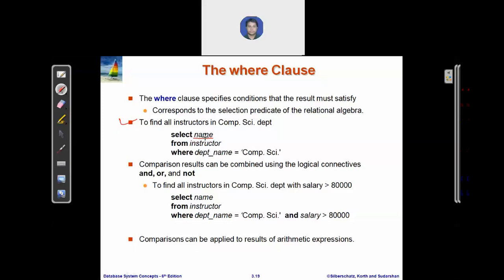Select what attribute you want to retrieve, from which table you want to apply this query, and in the where clause you mention the condition or predicate on which you are retrieving the record from the table.